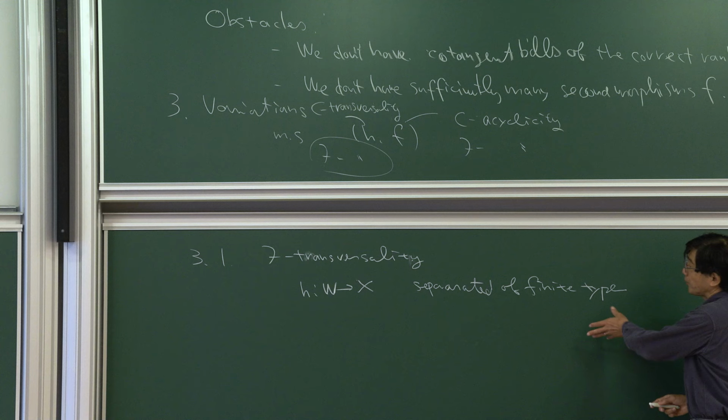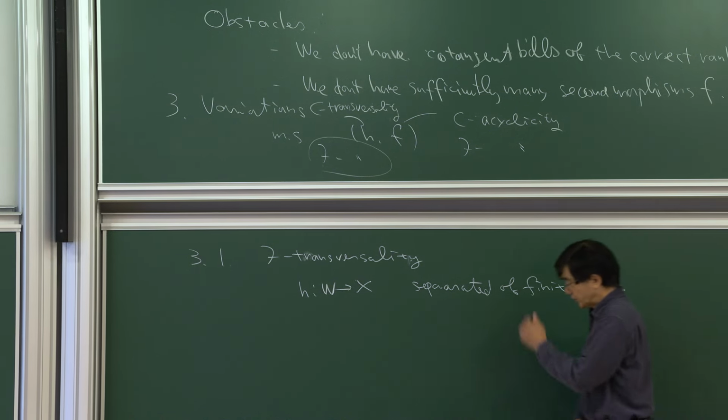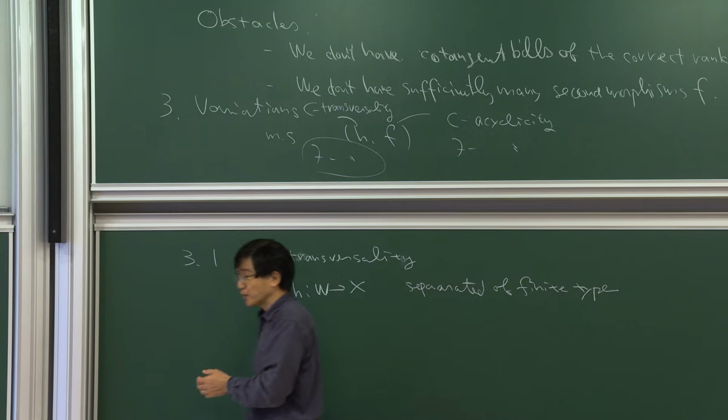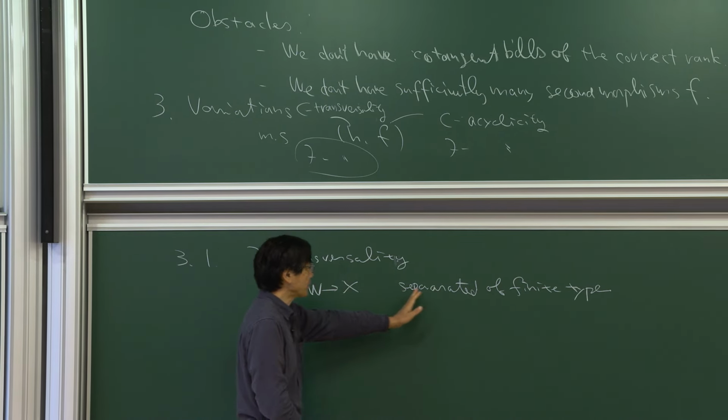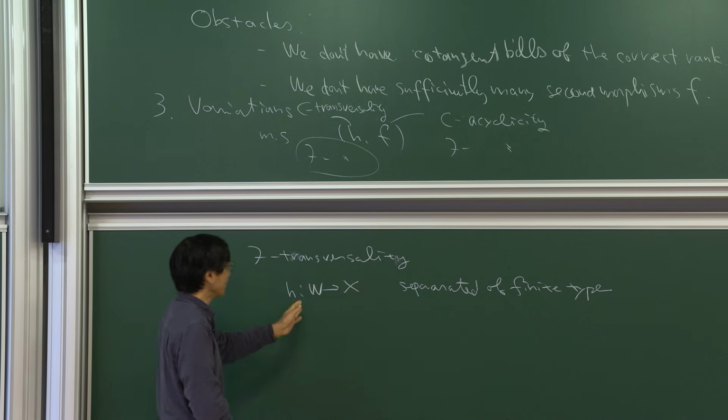Here I don't want to have a base field, so this will be a general separated morphism of finite type of schemes.